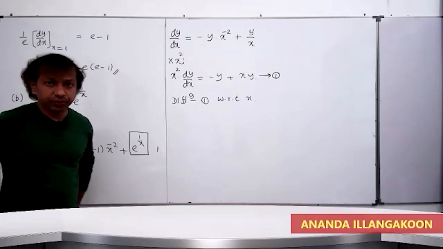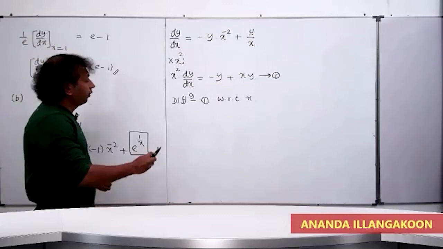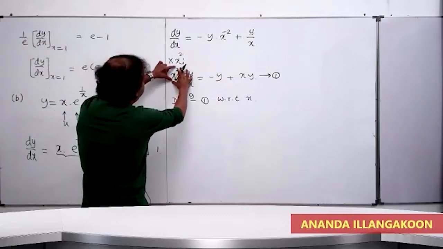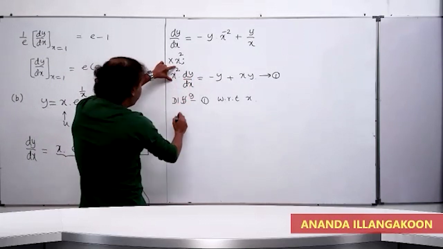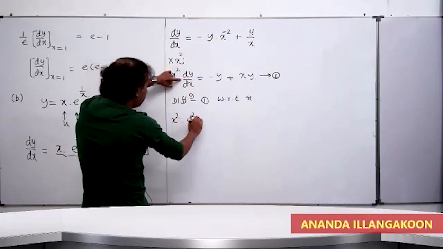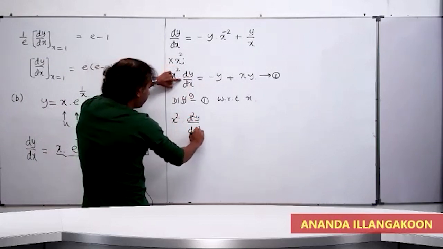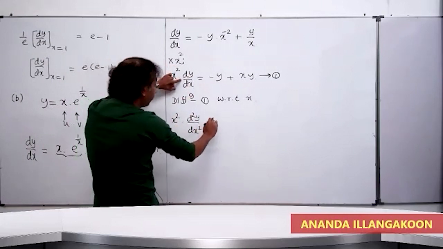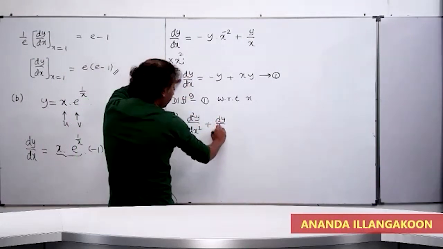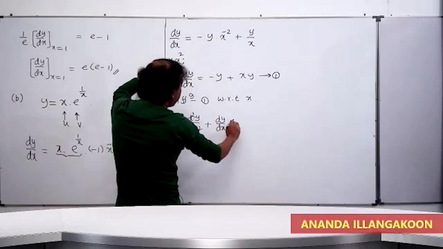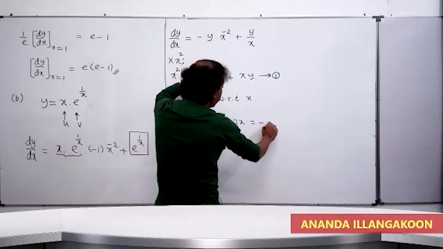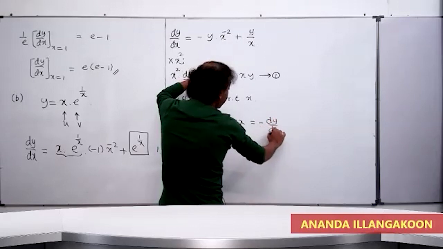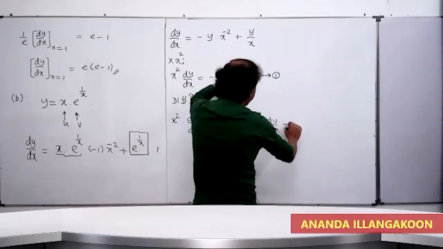Who got this answer, people? Now keep this x squared, then we have to differentiate this using u into v form. X squared times the second derivative, plus dy by dx times the derivative of x squared, which is 2x. Here, minus dy by dx. How do we differentiate this?